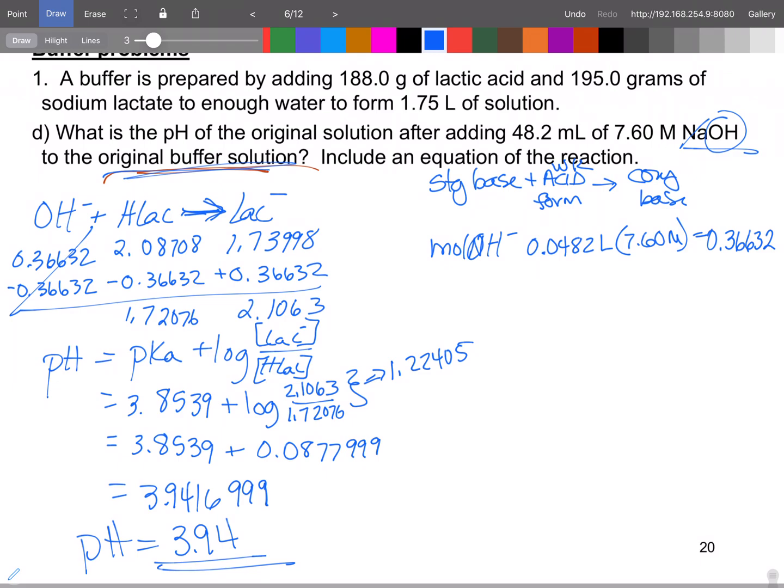The previous one went down a little bit farther, but this one, based upon the original, is higher. Again, we haven't killed the buffer because we're only 1 pH unit off, but we added strong base. So the net effect is we raise the pH, but still within buffer zone.